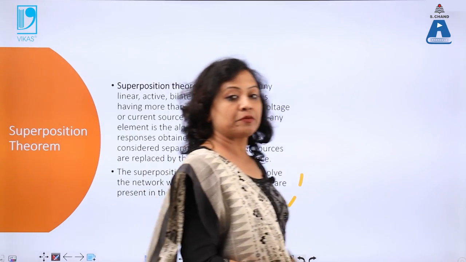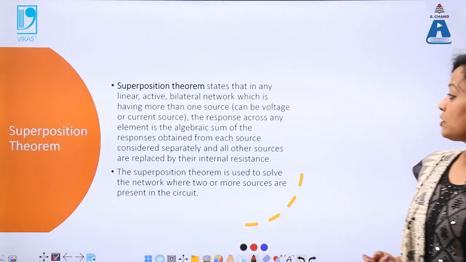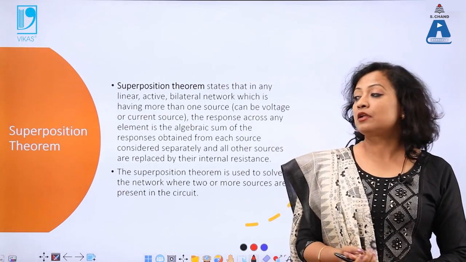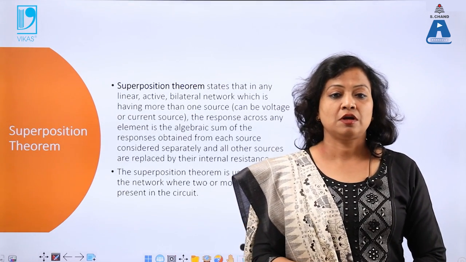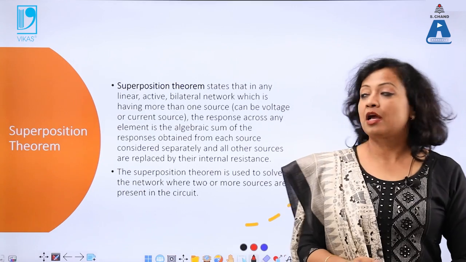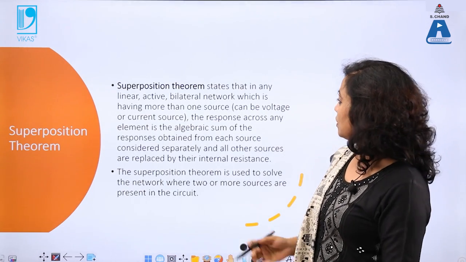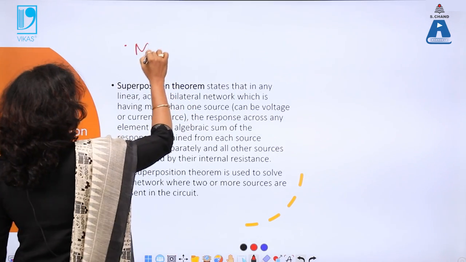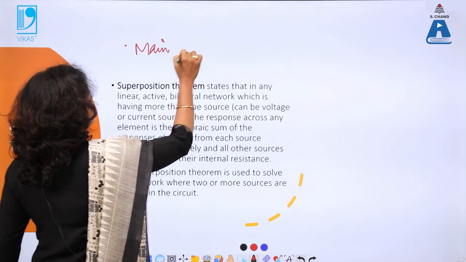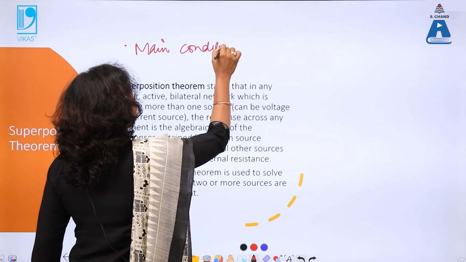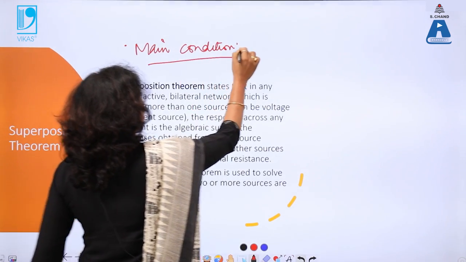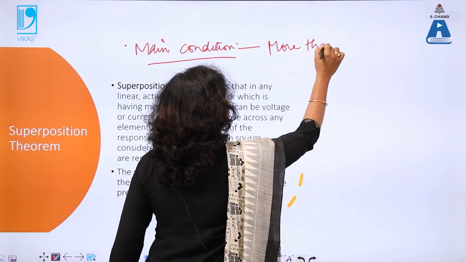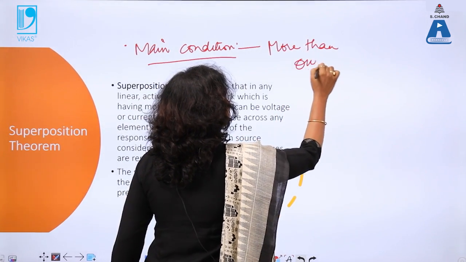Next is superposition theorem. Now superposition theorem is only applicable for the cases where there is more than one source. Source means either it can be voltage source or current source. So the main condition is it is applicable when there are more than one source.